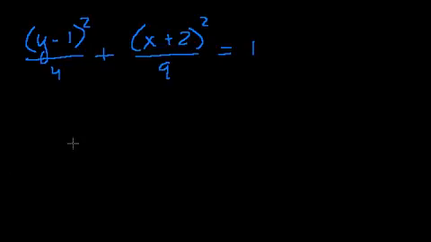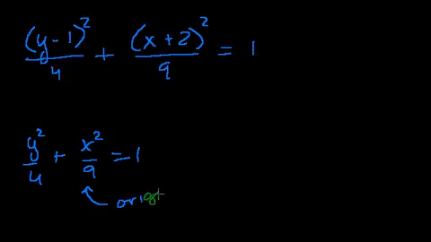And so the first thing you could say is, okay, this is just like the standard ellipse, y squared over 4 plus x squared over 9 is equal to 1. It's just like this, but it's shifted over. This one's origin is 0, 0, while this one's origin would be the point x is minus 2 and y is 1.